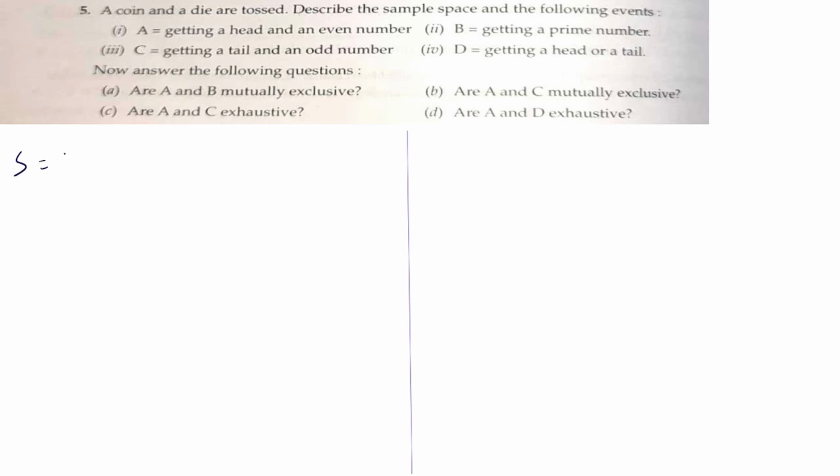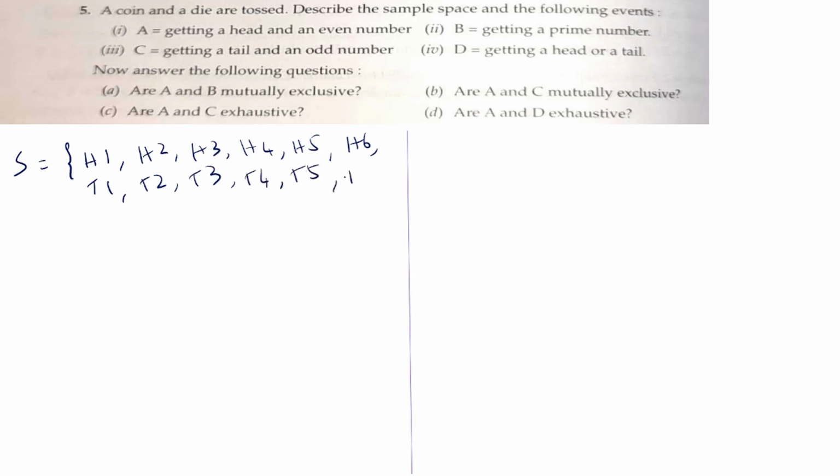We can get either head or tail, so the outcomes are H1, H2, H3, H4, H5, H6, T1, T2, T3, T4, T5 and T6. This is the sample space.